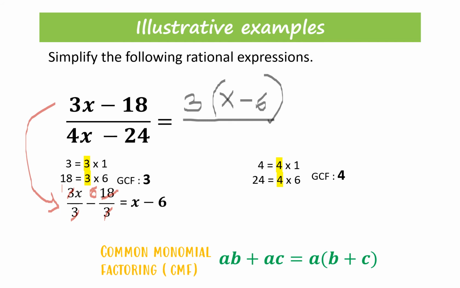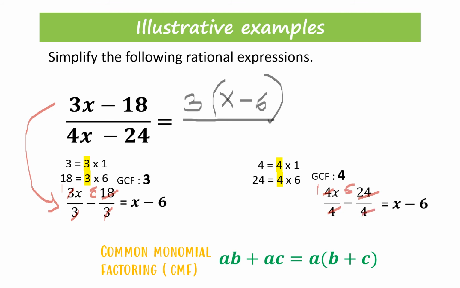And then, so now we have the GCF. Pwede na tayo mag-divide. So we will divide every term ng denominator by 4. So 4x divided by 4. Pwede na natin i-cancel din ng 4 because 4 divided by 4 is 1. And then 24 divided by 4. So that will be 6.